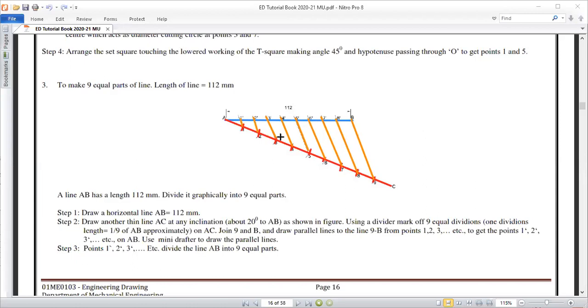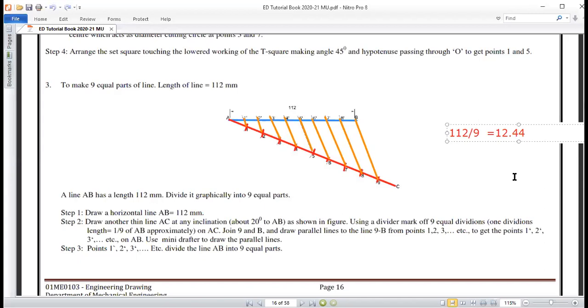So ultimately your line AB is divided into 9 equal parts. And if you wish to validate this, 112 divided by 9 is approximately 12.44.